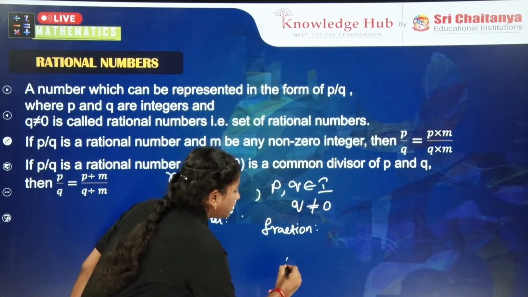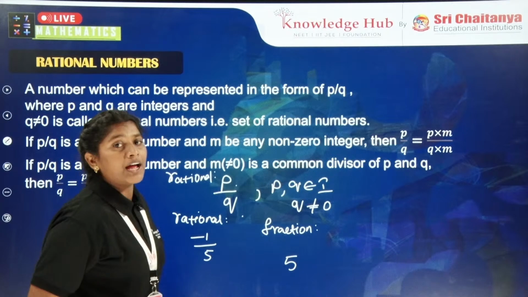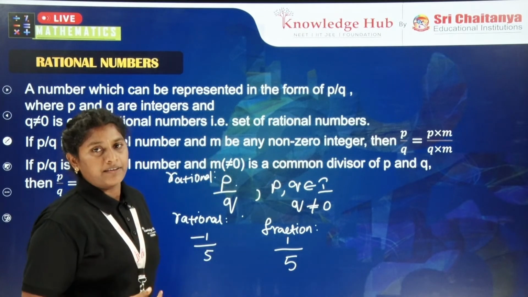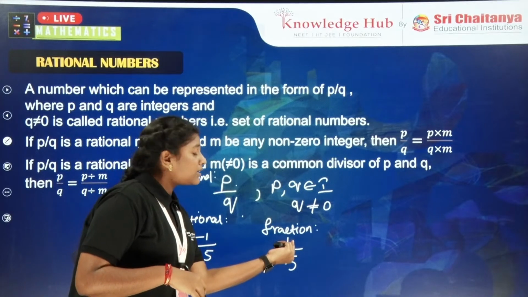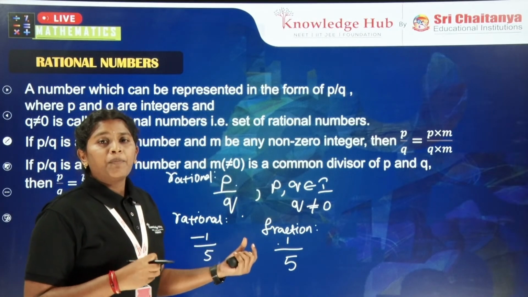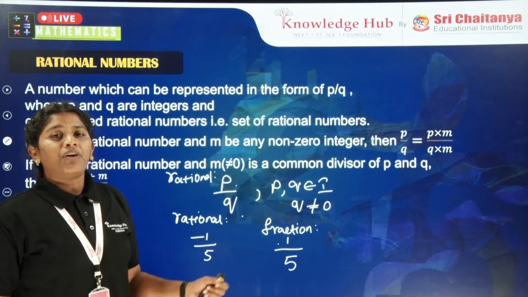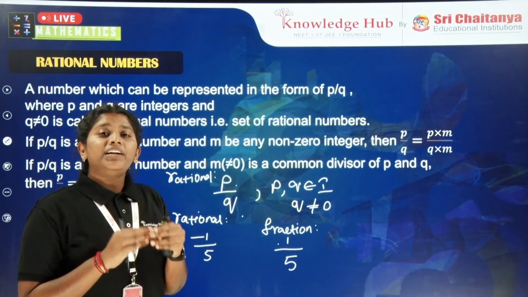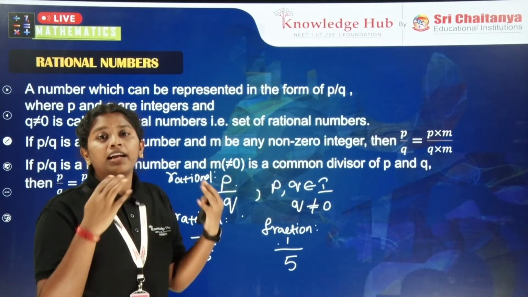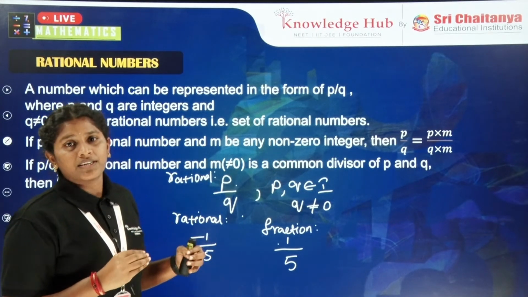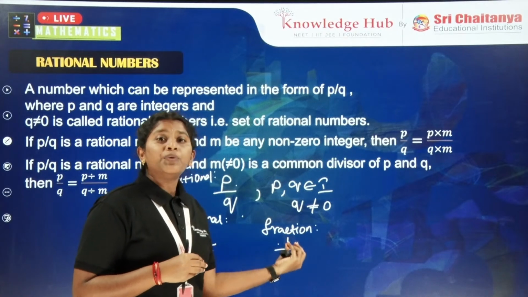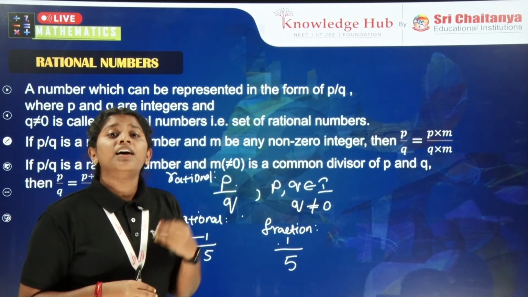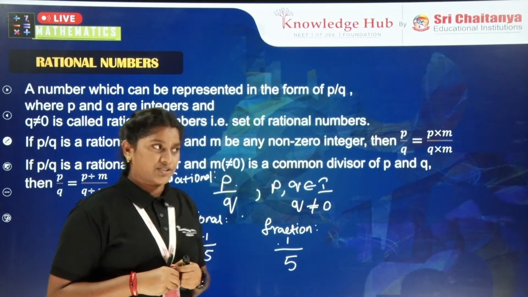If I divide a complete whole into 5 parts, I can take 1 part or 2 parts out of 5, but we can't represent a part with negative numbers. For rational numbers we can use integers, which are both positive and negative, but in fractions we do not use negative integers. That is the main difference between rational numbers and fractions.